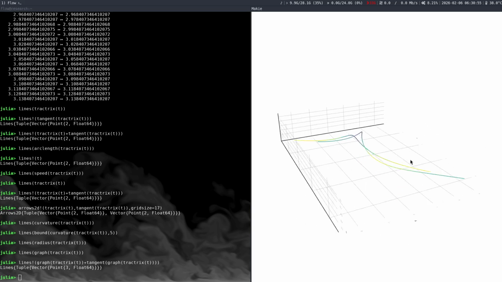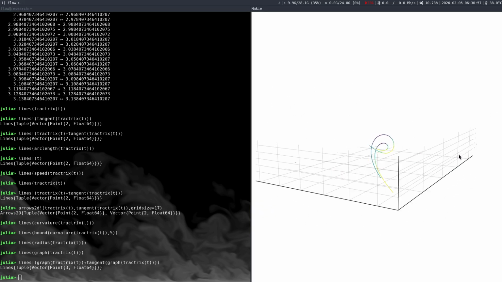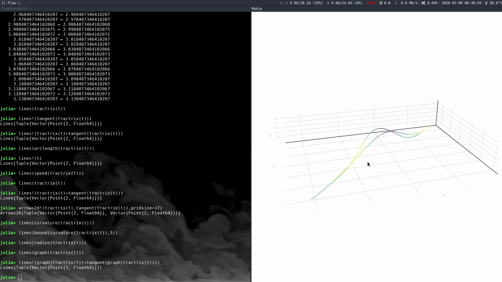And now we add the tangent curve as well.